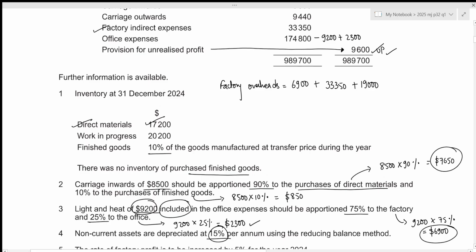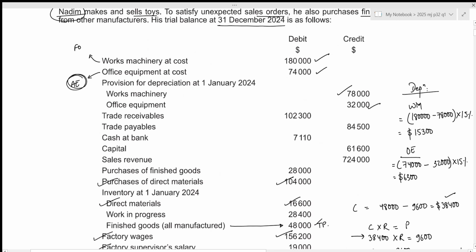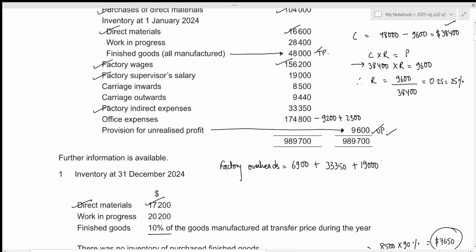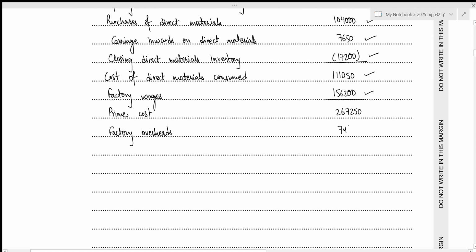Okay, we have 6,900, 33,350, 19,000, and we also calculated the depreciation on works machinery, which is to be included as part of our factory overheads. That's 15,300. This results in our total factory overheads having the value of 74,550.